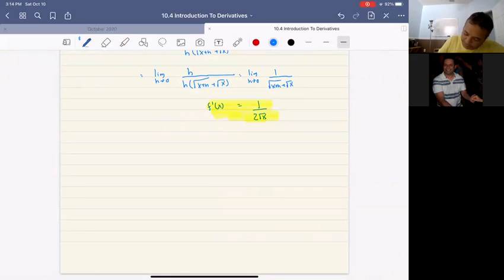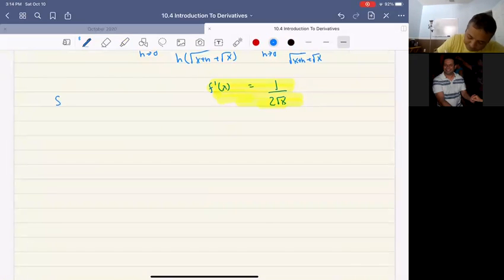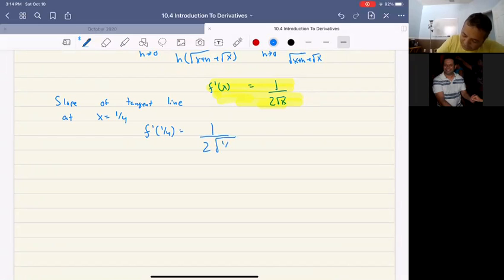So let's find the slope of the tangent line. We're doing it at x equals 1/4. So f prime of 1/4 is 1 over 2 square roots of 1/4.